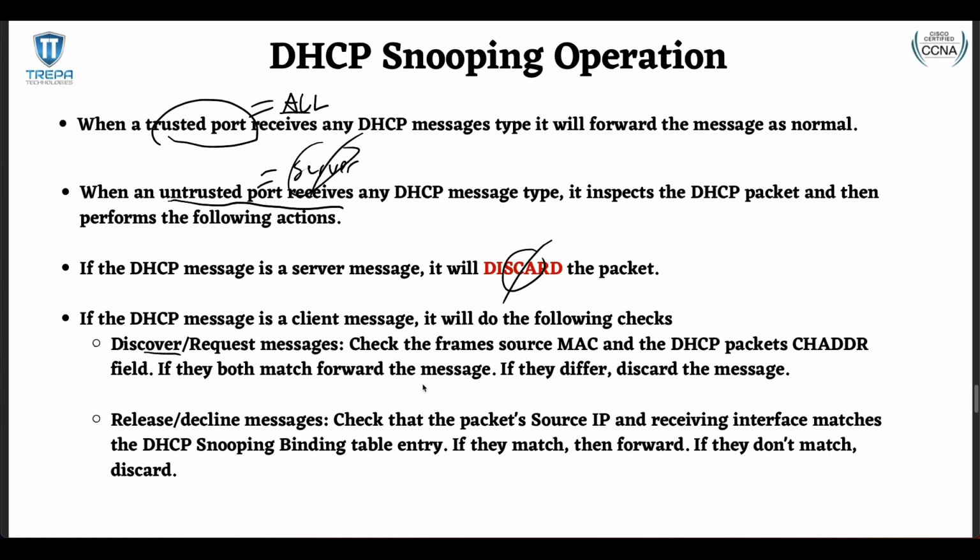If it's a discover or request message, it's going to check the frame source MAC and the DHCP packet's client hardware address field. If they both match, it's going to forward the message. If they differ, like when we're trying to do that DHCP starvation attack where the source MAC address doesn't match the client hardware address and we're trying to starve the DHCP server of its IP addresses, guess what?